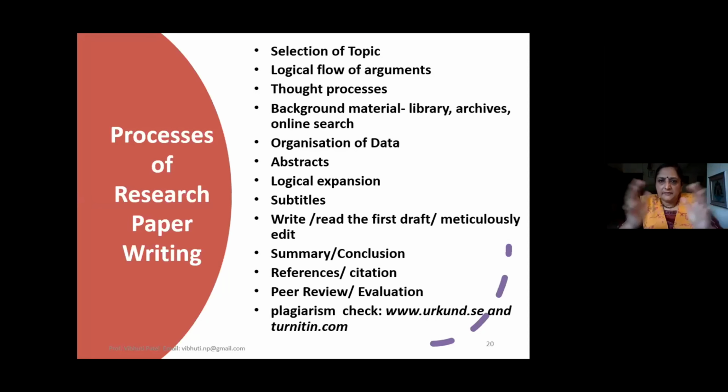Your abstract gives the main salient features, highlights and framework, and in the paper you are doing the logical expansion. In every paper, dissertation or report, you have to give subtitles. At one glance they tell us what is in store in the report or paper.